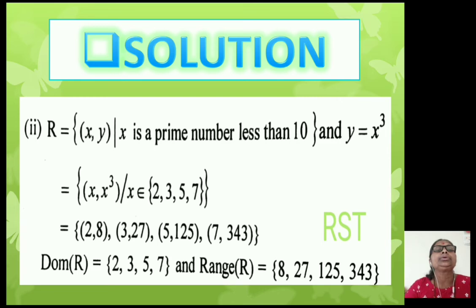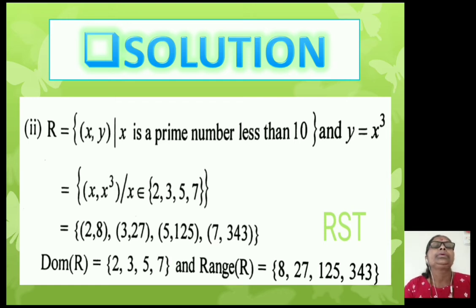Now we consider the solution of the second relation. Here the relation is given as R equal to the set of all ordered pairs (x, y) such that x is a prime number less than 10 and y equals x cube is the condition.